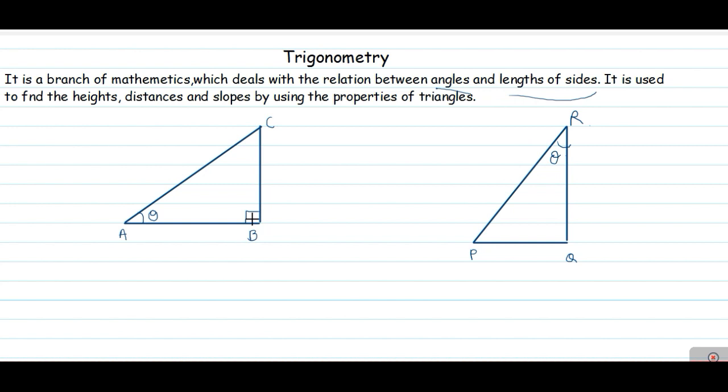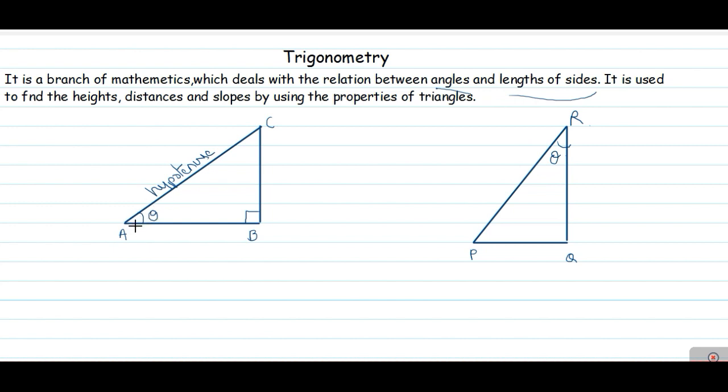The side opposite to the 90 degrees is called the hypotenuse, and the side opposite to the angle which we are considering.